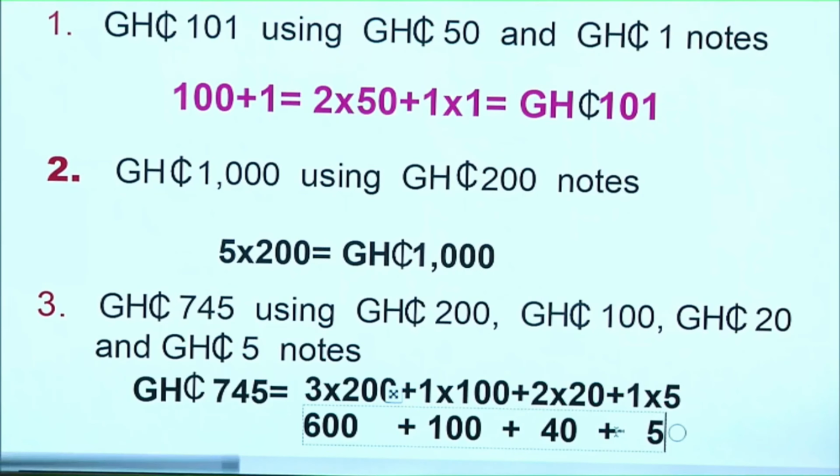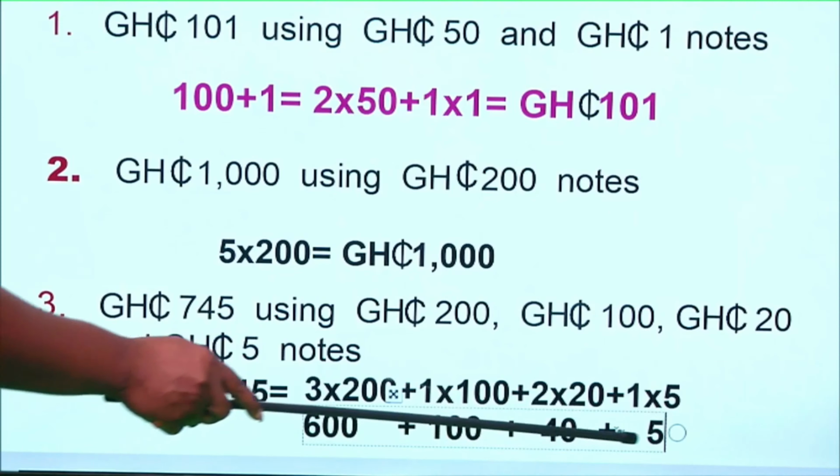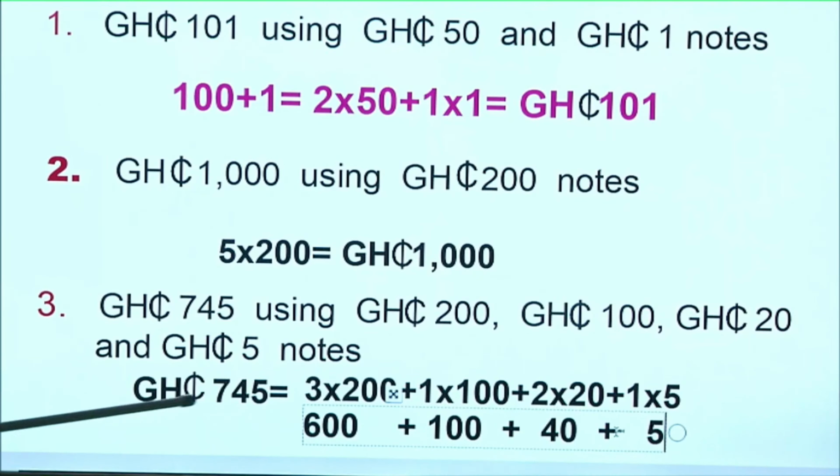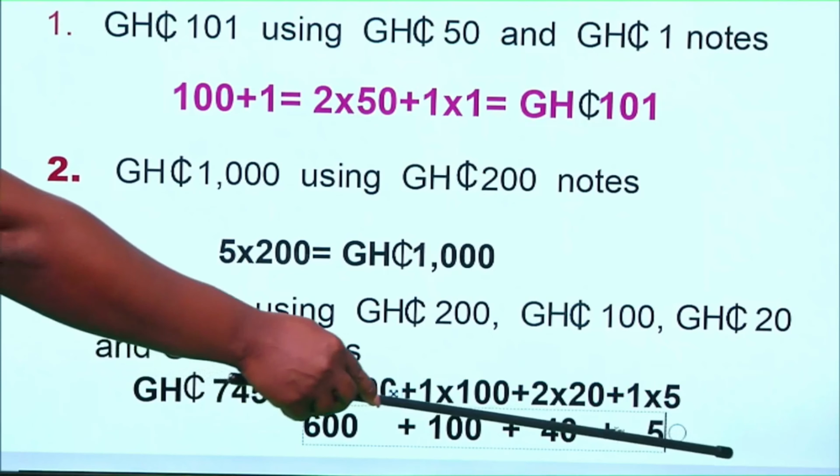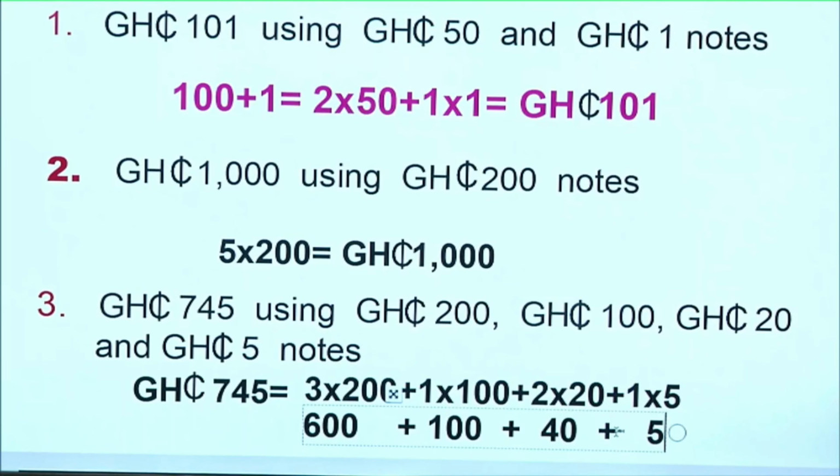That is it. So when we add all these, we will get 745 Ghana cedis. So this is equal to 745 Ghana cedis.